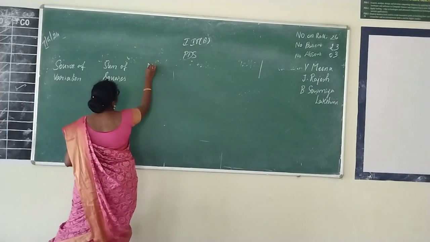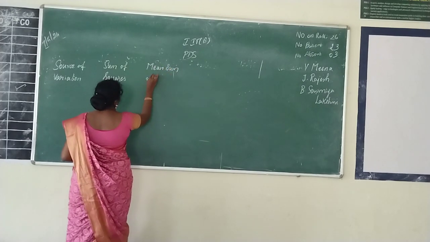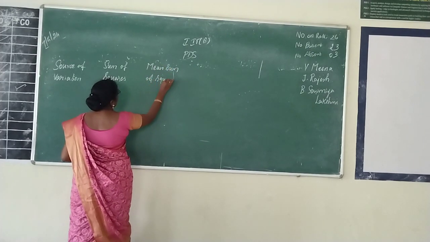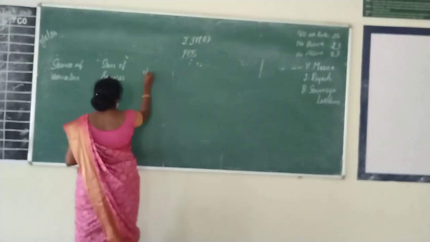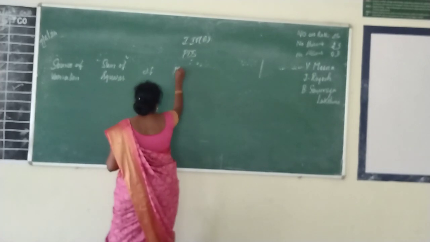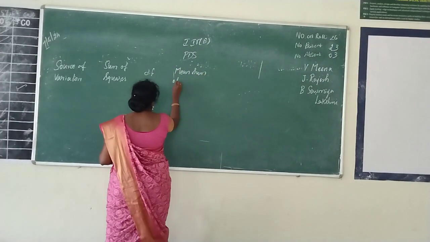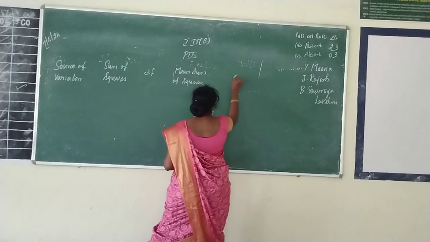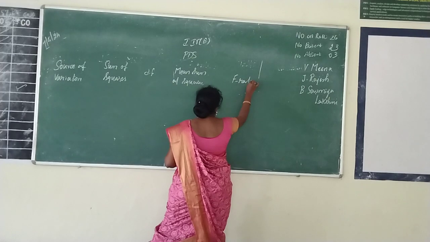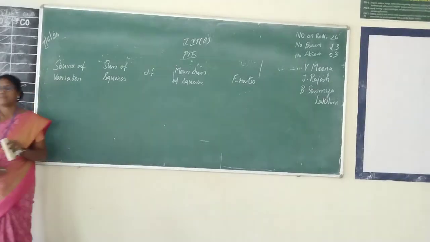Next column, degrees of freedom. Next one, mean sum of squares. Next one will be F ratio.